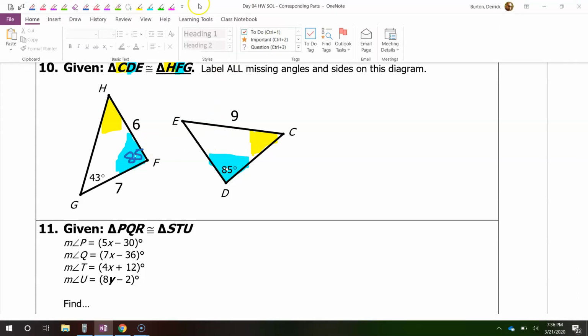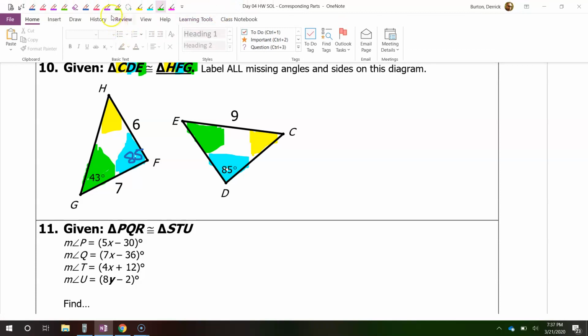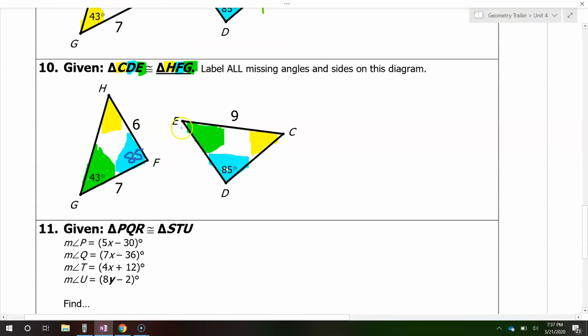And finally, angle E is congruent to angle G. Here's angle E. Of course, it's the last angle left, and that corresponds with angle G. Angle G is 43, so angle E must also be 43. We should be able to find these yellow angles.